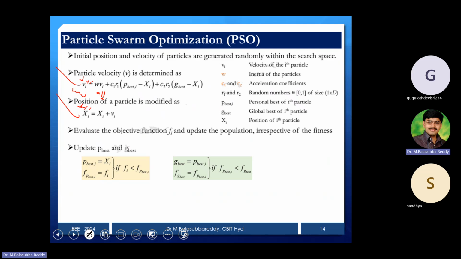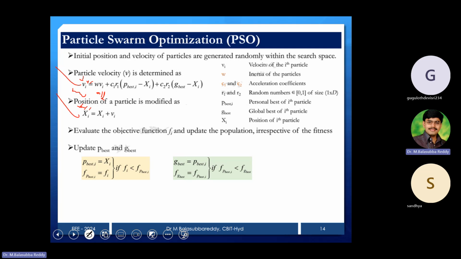Vi is the velocity of the ith particle, w is the inertia of the particles, C1 and C2 are acceleration coefficients, and R1, R2 are random numbers it has to generate between 0 and 1, any value it may be. Then P best and G best are the personal best and global best.